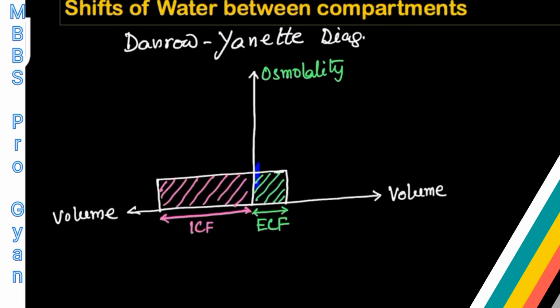In steady state condition, the osmolality of your ECF and the osmolality of your ICF are both the same, and that is here. That is the normal osmolality of your body fluid, right? And what is that normal osmolality?